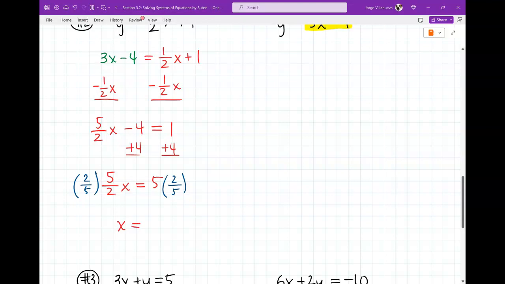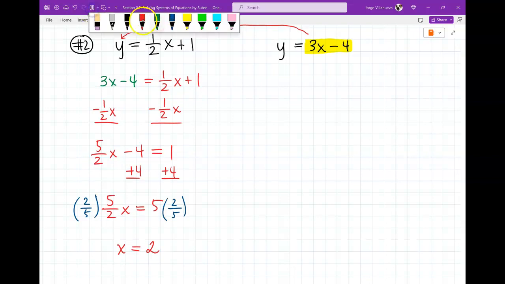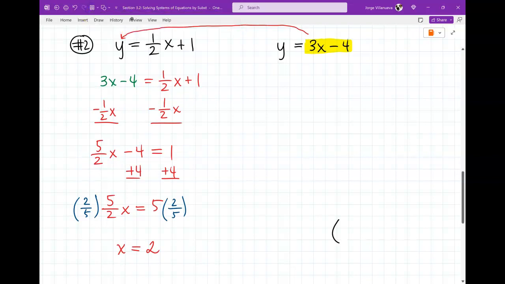On the right side, 5 times 2/5 is 2, because 5 times 2 on top is 10. 10 divided by 5 is 2. So there you go. I got my first answer. X equal to 2. I'm going to go ahead and write a point over here on this side. 2 comma something. And I'll finish that off in a bit.